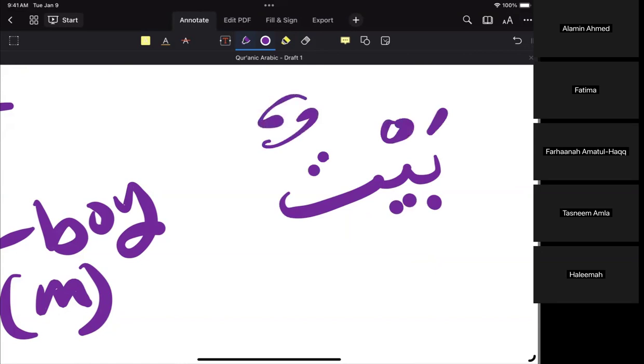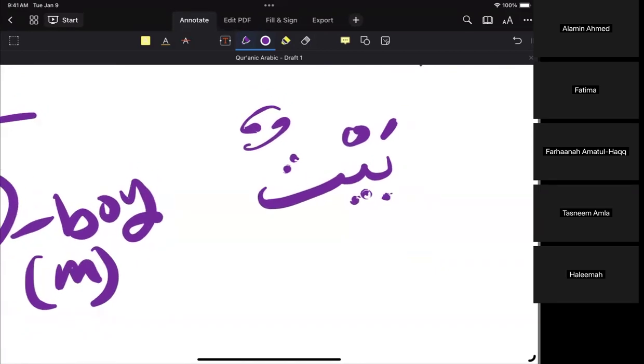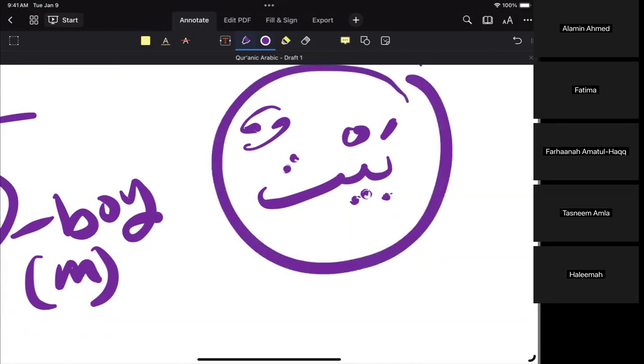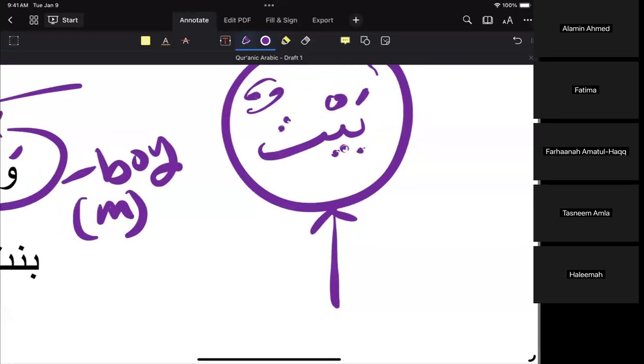So any object, baitun, which is a house, has nothing to do with gender, but we need to know what gender this word is. We're not talking about the gender of the house. It's not like it's a feminine house. House is house. We're only specifically talking about the word. Is this word masculine or feminine?